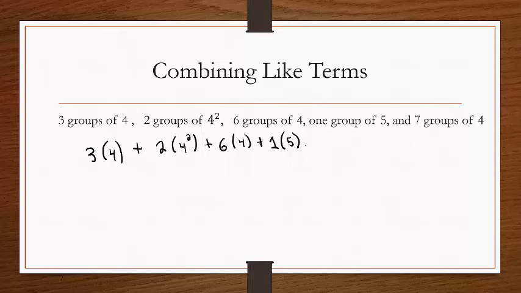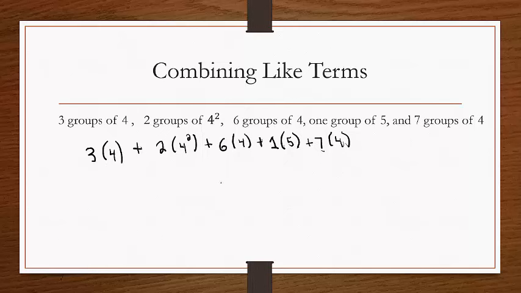It doesn't make a difference. And the last thing I need to add is 7 groups. So 7 more groups of 4. So we could type this all into a calculator and get one final answer.